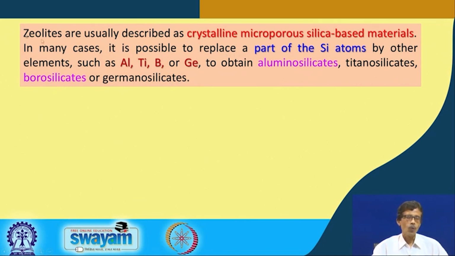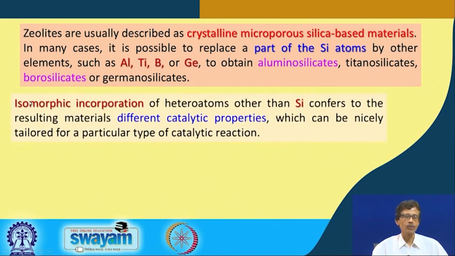So, when we consider zeolites and the borosilicates, that means your glass material is also a certain type of zeolite, because the borosilicates are also known as the typical, well-known glasses. Then isomorphous incorporation of heteroatoms other than silicon confers different catalytic properties on the resulting material.